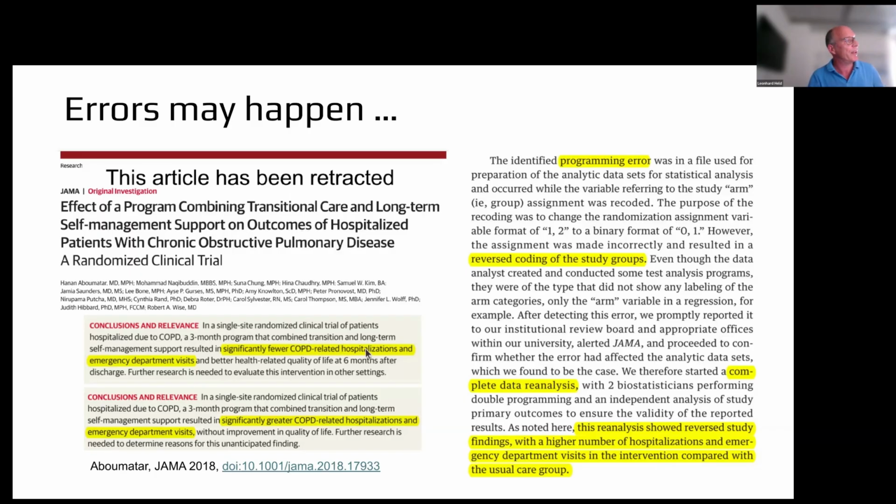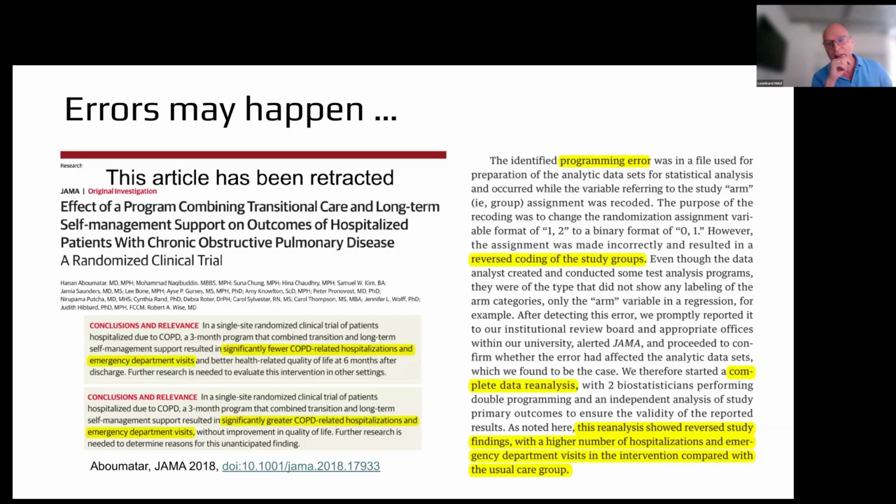And the original publication then reported significantly fewer COPD-related hospitalizations and emergency department visits with this intervention compared to control. So basically the output the investigators wanted to have.